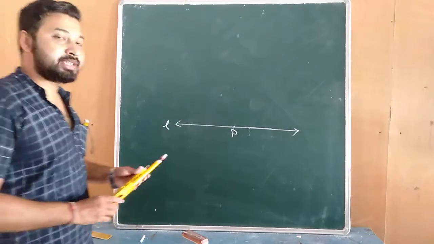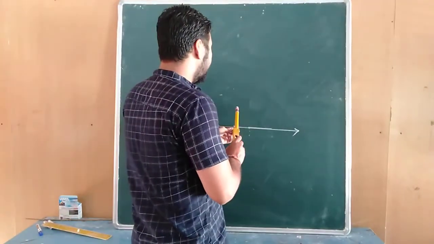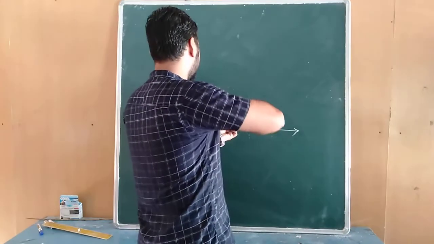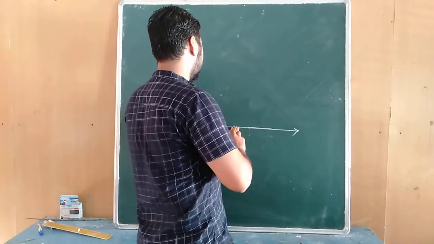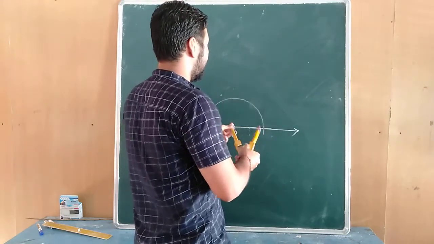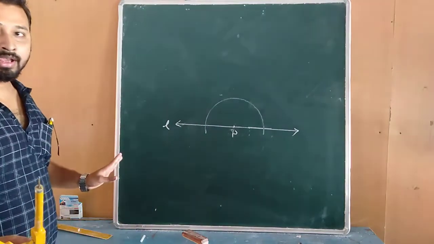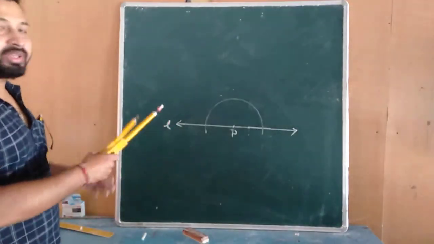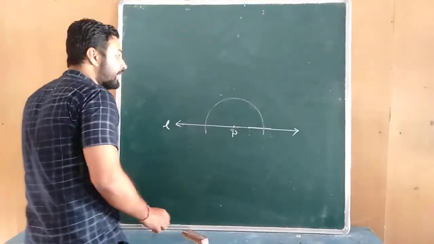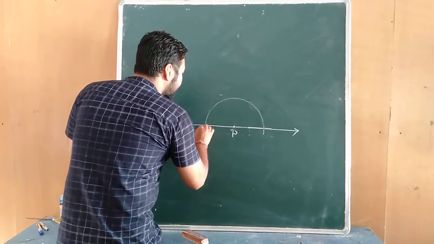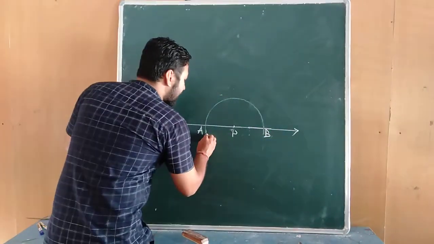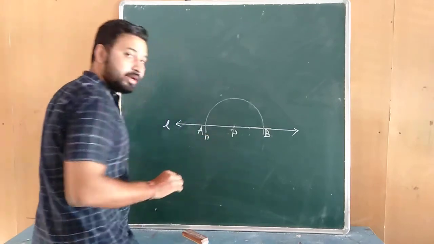Now taking P as center with any radius, we will draw one arc, a full arc. Understood? Taking P as center with any radius we have drawn one arc. So these intersect at points A and B. The name of this arc is R1. Clear?